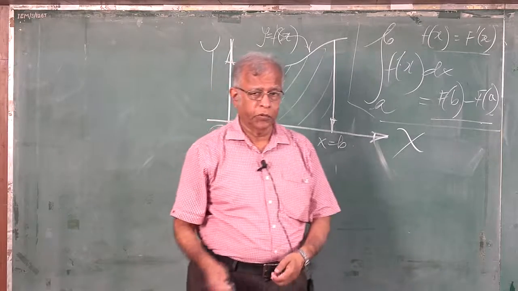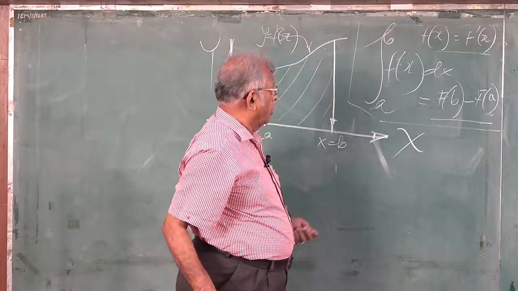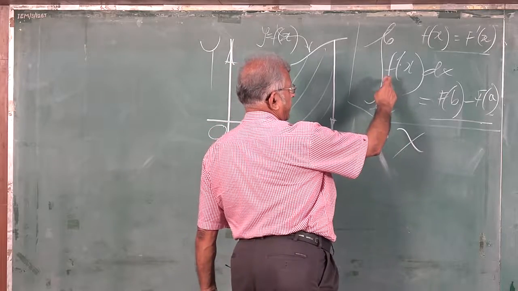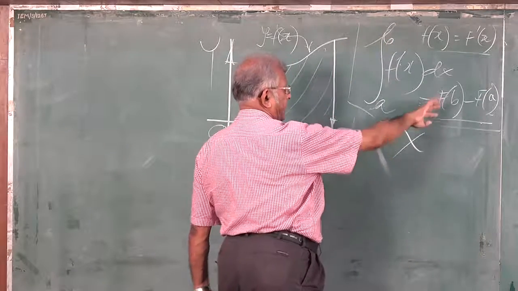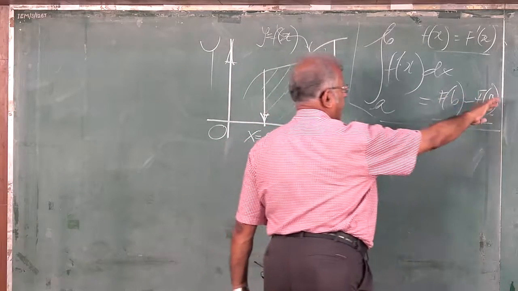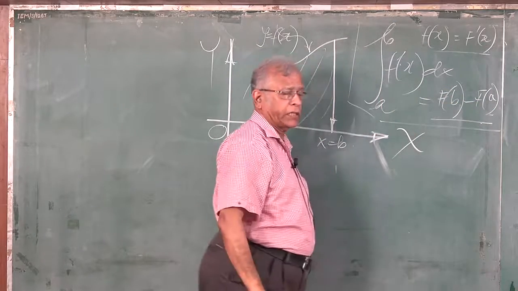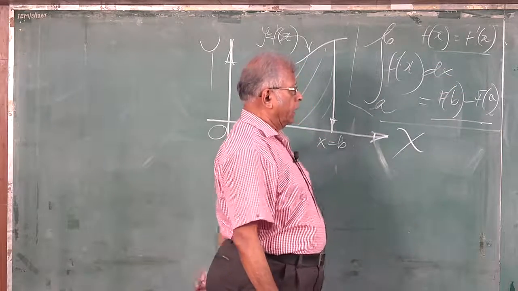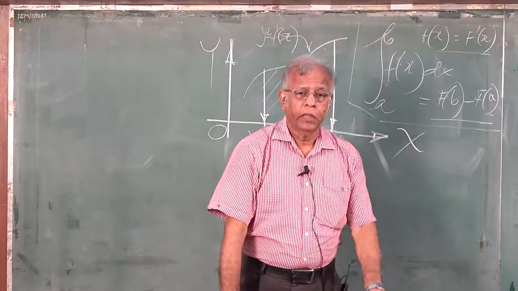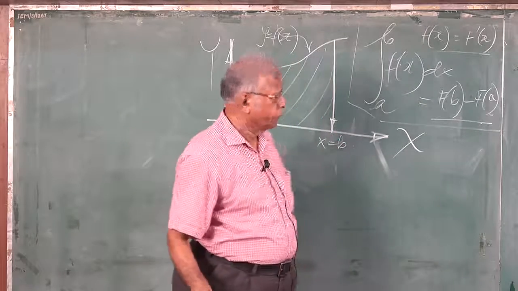It might appear in 2 or 3 lectures, it's fine. So, the fact that small f(x) integrated from a to b gives capital F(b) minus capital F(a), where capital F(x) is an antiderivative like this, is the fundamental theorem of integral calculus.